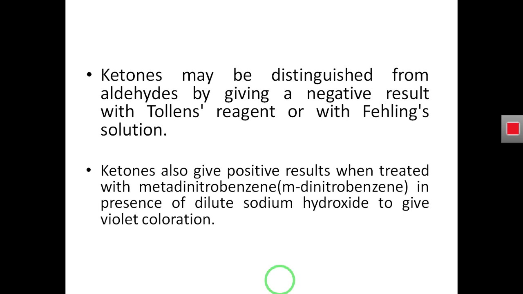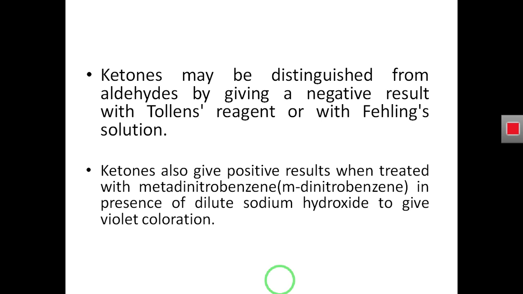Ketones also give a positive result when treated with meta-dinitrobenzene in the presence of dilute sodium hydroxide to give violet coloration. So what does positive or negative result mean? Negative result means no color change and positive result means color change. If we add a reagent to the sample, and the sample changes color, we will say the results are positive, meaning the test tube contains the sample that is having the ketone.